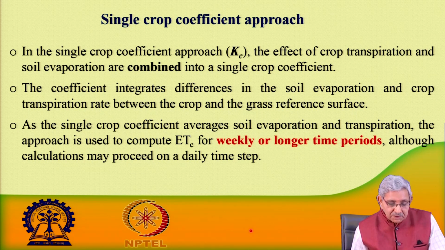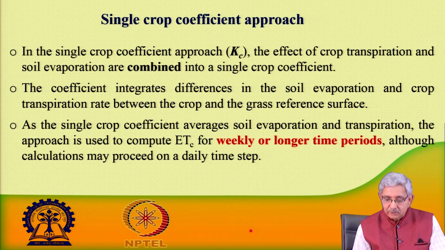The coefficient integrates differences in soil evaporation and crop transpiration rate between crop and grass reference surface. As the single crop coefficient averages soil evaporation and transpiration, the approach is used to compute ETc for a weekly or longer time period, although calculation may proceed on a daily time step.